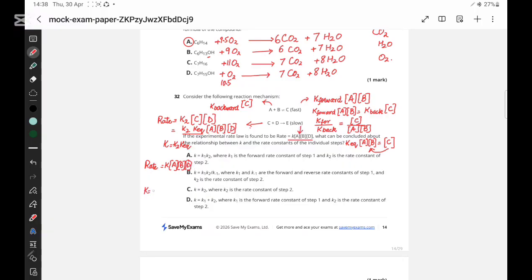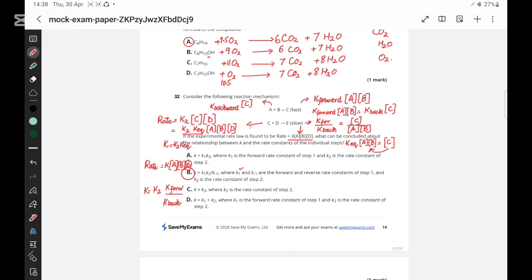Now keeping K equal to K2 times K equilibrium, which is equal to K forward over K backward, this option, equation B, tells us K is equal to K1 K2 over K minus 1, where K1 and K minus 1 are the forward and the reverse rate constants of step 1.